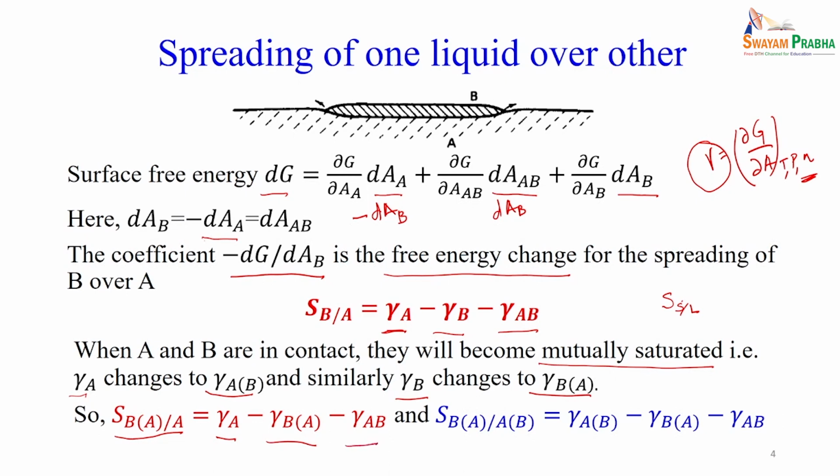Similarly, we may consider the change in the surface tension of both A and B, meaning A is also saturated with B and B is saturated with A. In this case it will be gamma AB minus gamma BA minus the interfacial tension. In this way we should be able to calculate the spreading coefficient of one liquid over the other liquid.